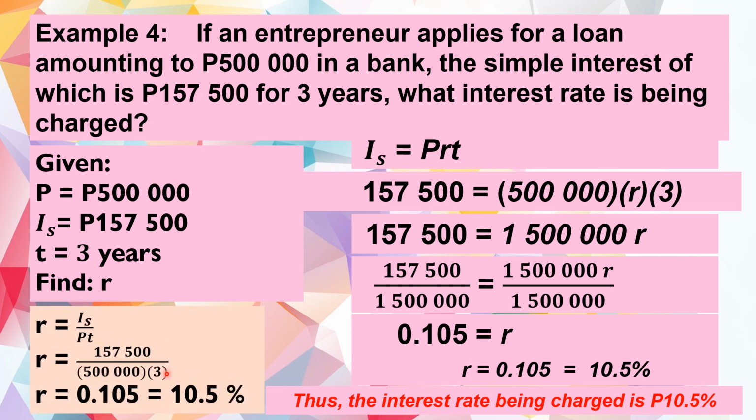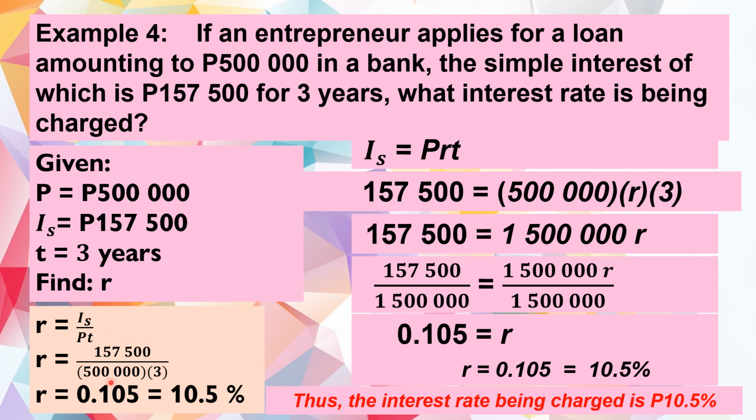Another way to solve the rate is by using the formula R equals simple interest over principal times time. This formula is derived from the formula of simple interest. So, substituting now the values, we have our simple interest is 157,500 divided by our principal is 500,000 times our time, which is 3.